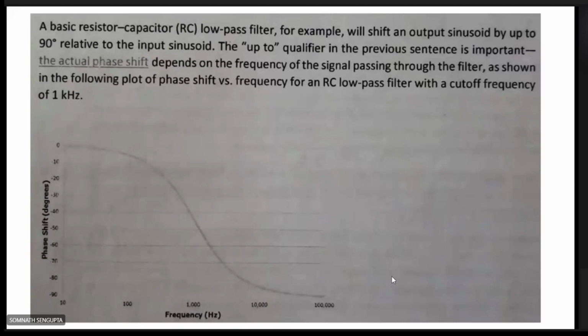Change of phase should be linear with respect to frequency. And what is the outcome of this? That group delay will be constant. What do you mean by group delay?